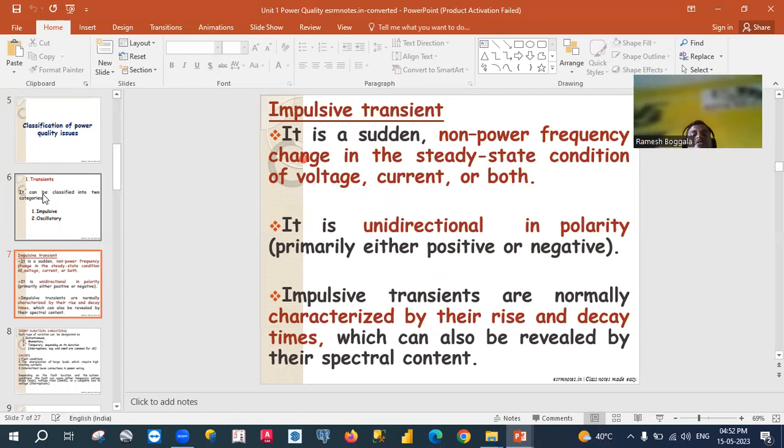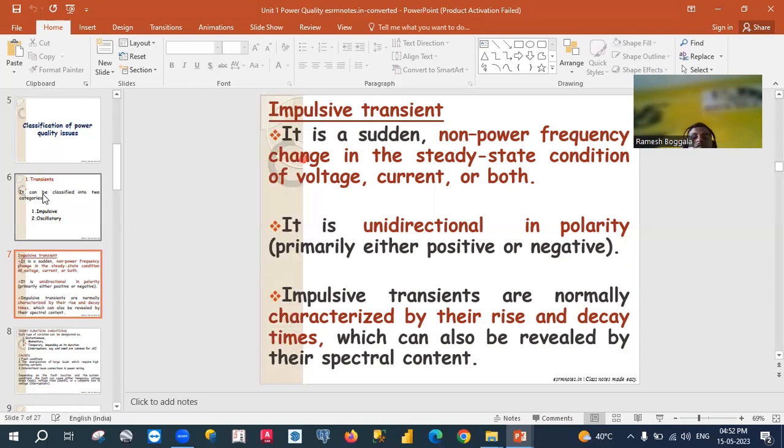These oscillatory transients are classified into three types based on the frequency variation. If the primary frequency component is less than 5 kilohertz, then it is known as a low frequency transient. If the frequency component is between 5 kilohertz and 500 kilohertz, then it is known as a medium frequency oscillatory transient.